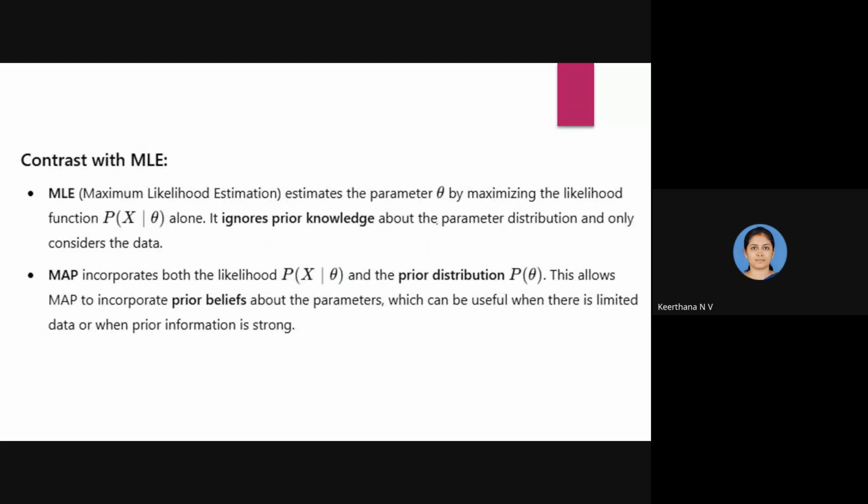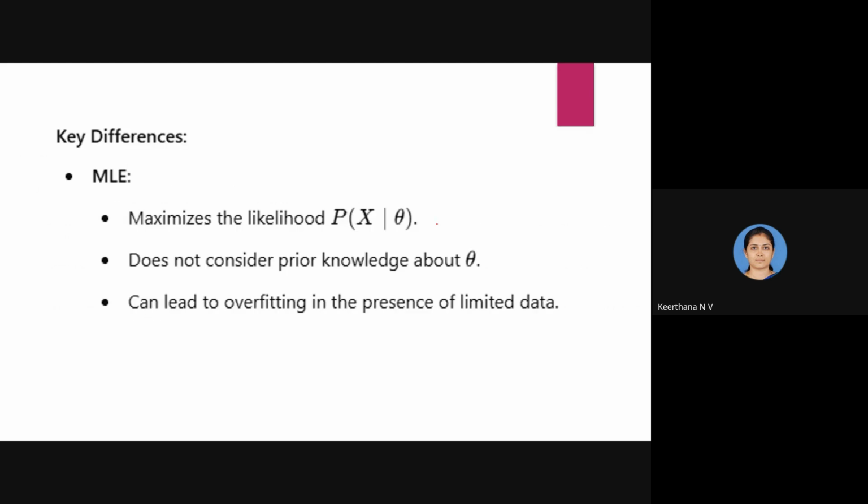So what are the advantages of MAP over MLE? MLE is not dealing with the prior knowledge, whereas MAP is dealing with the prior knowledge as we do in the Bayesian approach. So this is the main difference. What are the key differences? Here in MLE you are maximizing the likelihood of the theta parameters, so you will not consider the prior knowledge of the theta parameters.